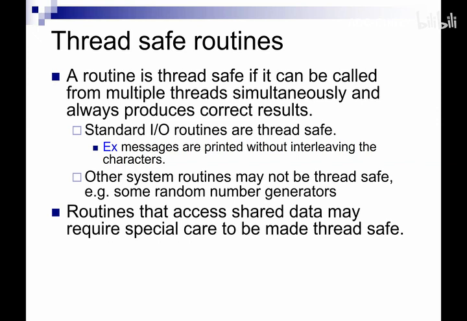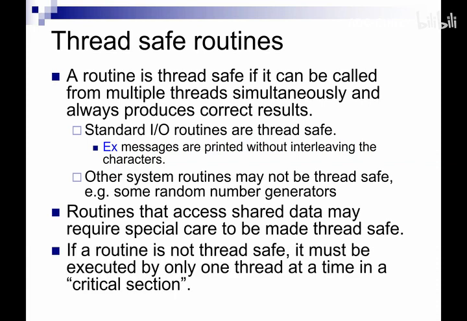As I said, these race conditions only occur if we have accesses to shared variables. Whenever we have multiple threads accessing, let's say, a shared data structure, we have to be very careful about how we write these programs.